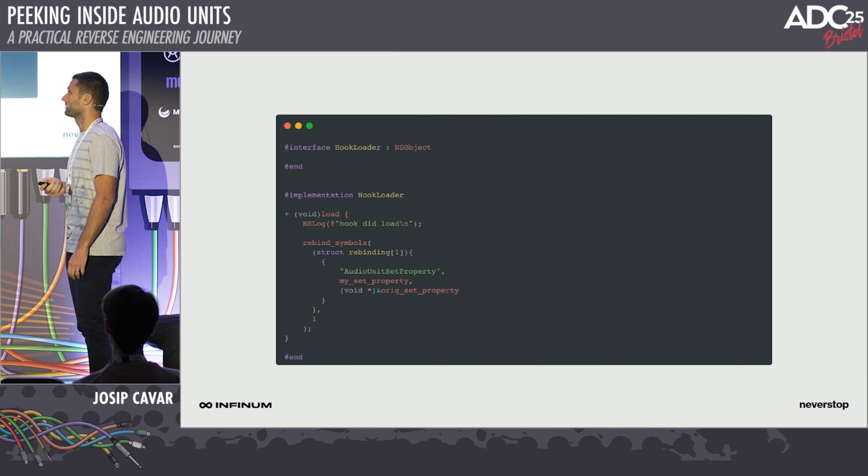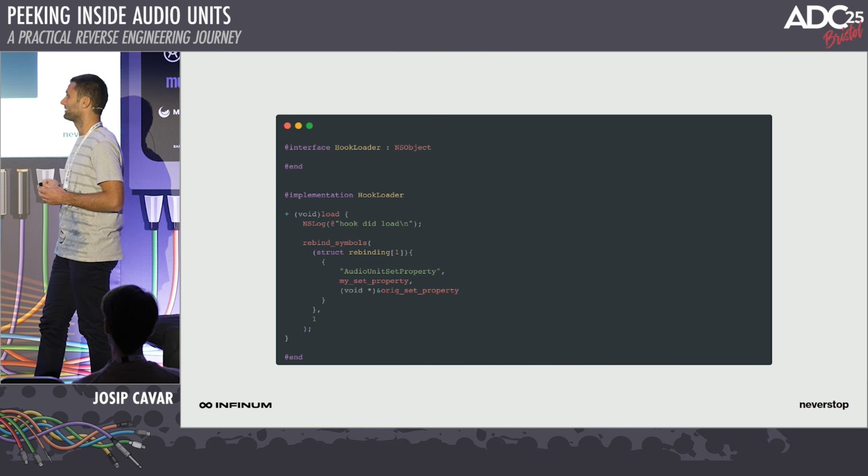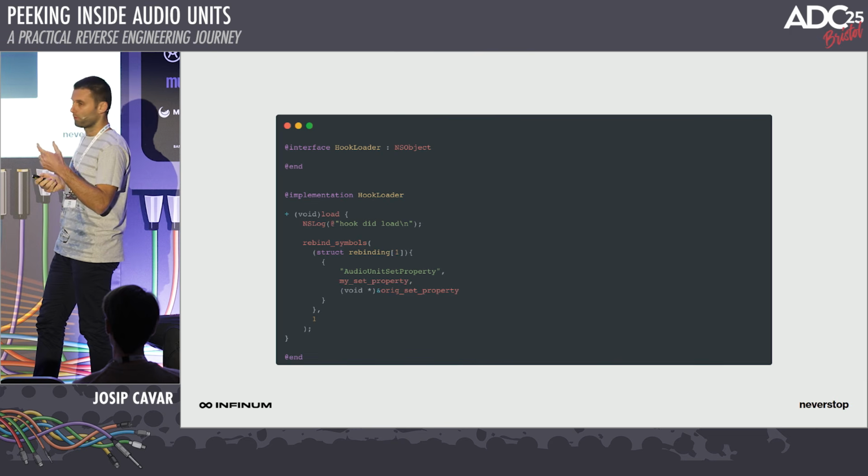So let's create this framework. We first create this little Objective-C class called hookLoader, and in its load method, we call rebind symbols, that is a function that Fishhook exposes to us, and we rebind AudioUnit set property with my set property, also providing a pointer to original, where the original function should go.